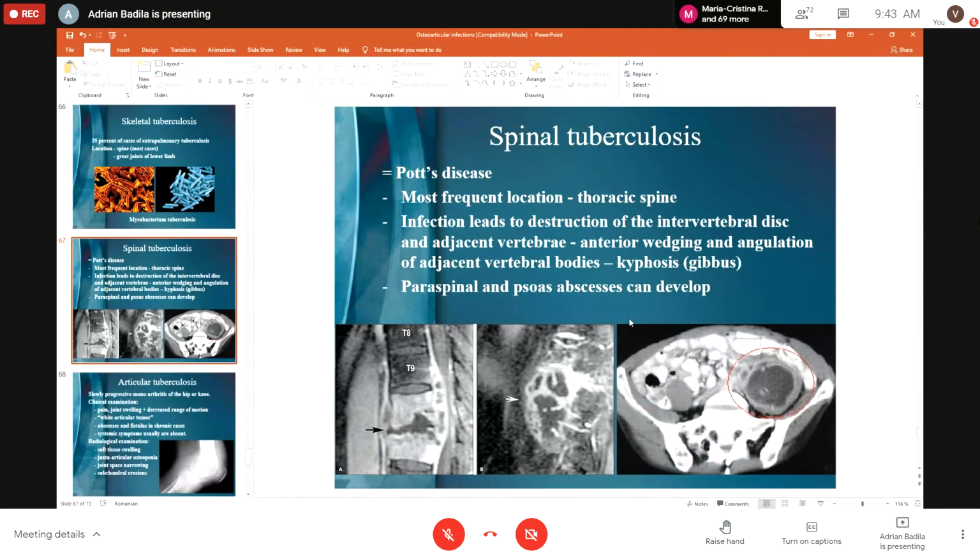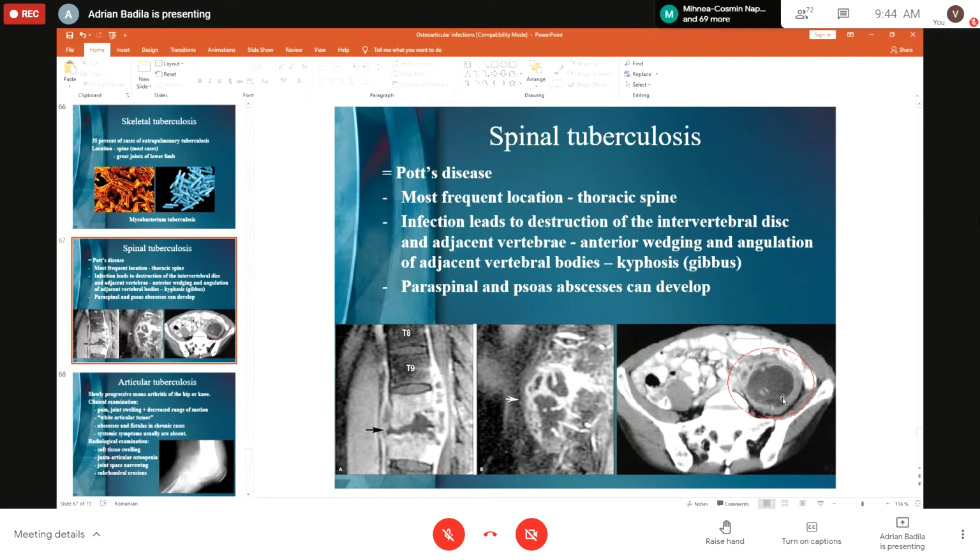On the left, you can see images from an MRI with a tubercular discitis with the destruction of this intervertebral disc, and the infection goes in both the above and below vertebrae with bone destruction at this level.